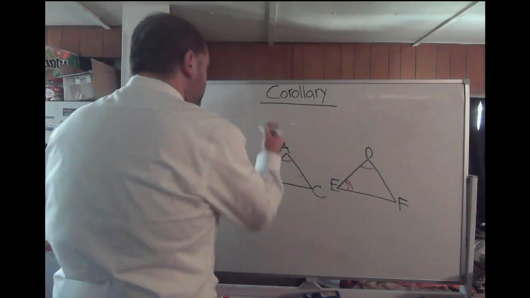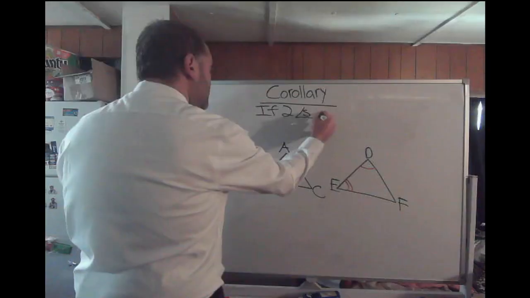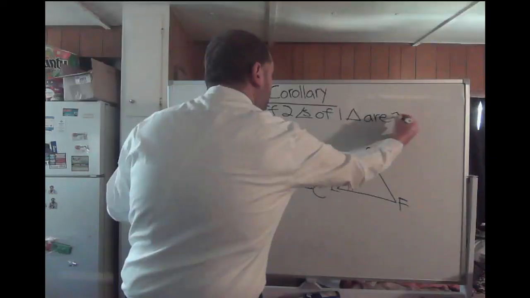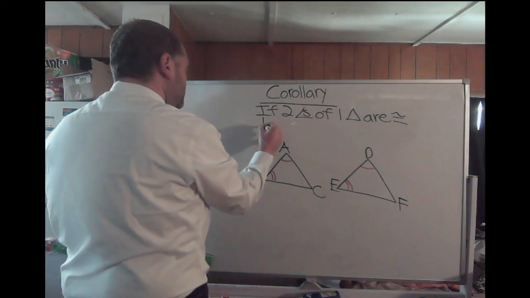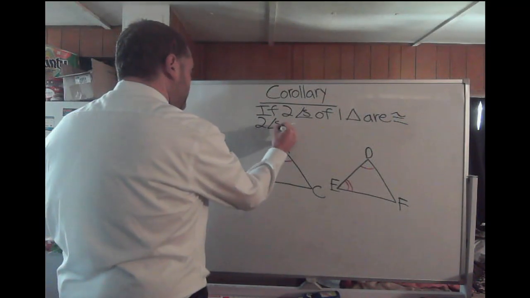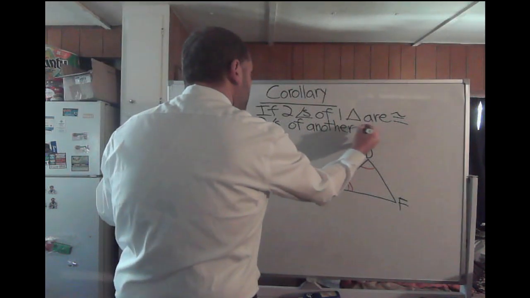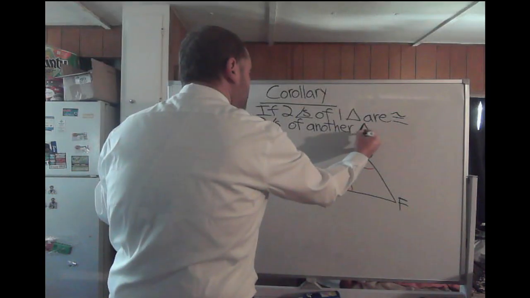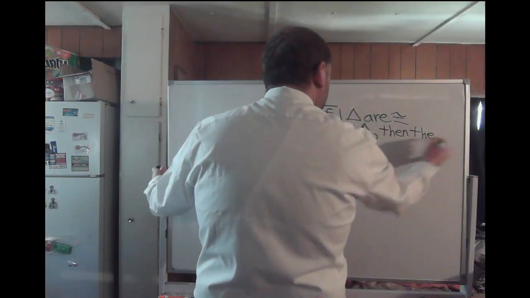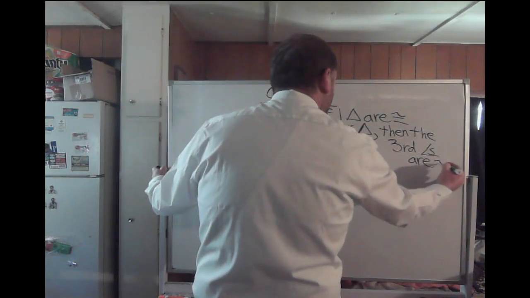So this corollary states that if two angles of one triangle are congruent to two angles of another triangle, then the third angles are congruent.